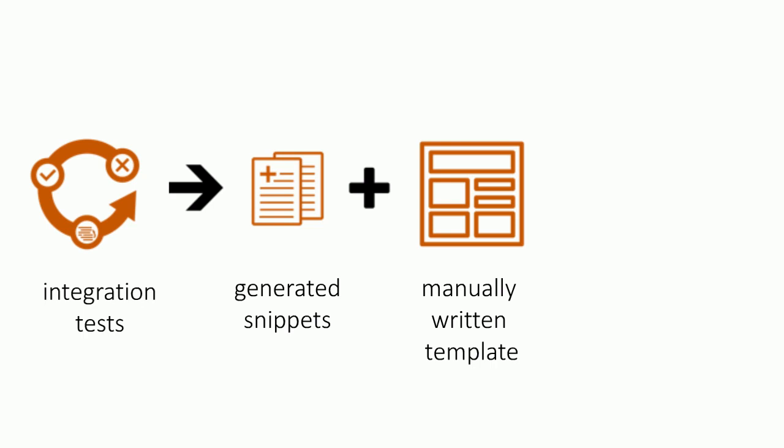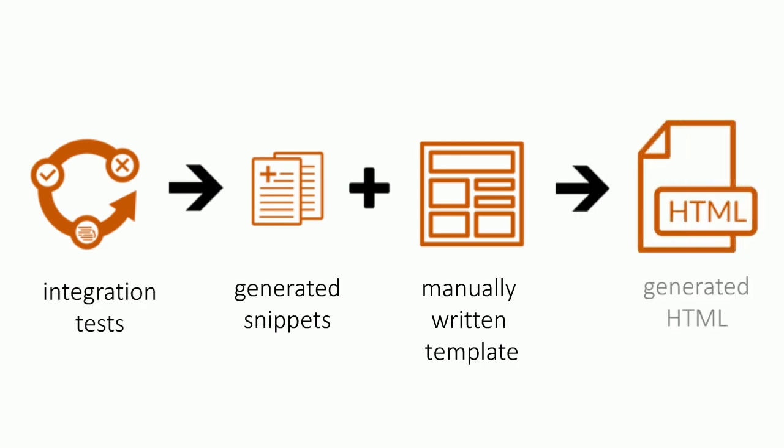If you want to have examples in your API documentation, that often gets out of date. Now, these snippets are generated from your integration test through MockMvc, so they're awesome to put into your manually written template because they'll always be up to date. Okay, so if you combine these two, Spring REST Docs will generate an HTML.